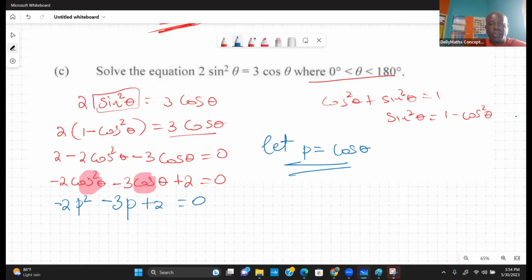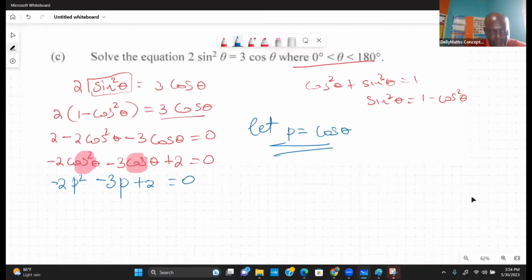So what I want to do now is factorize this quickly. I could just set up to factorize: I have a negative 2p, and this is p. I have a 1, and I have a 2. So this is going to be a positive 2, positive 1, right? So there it is. I'll be getting 1. So this is the factor. So from this, I could solve. So it's either, right?